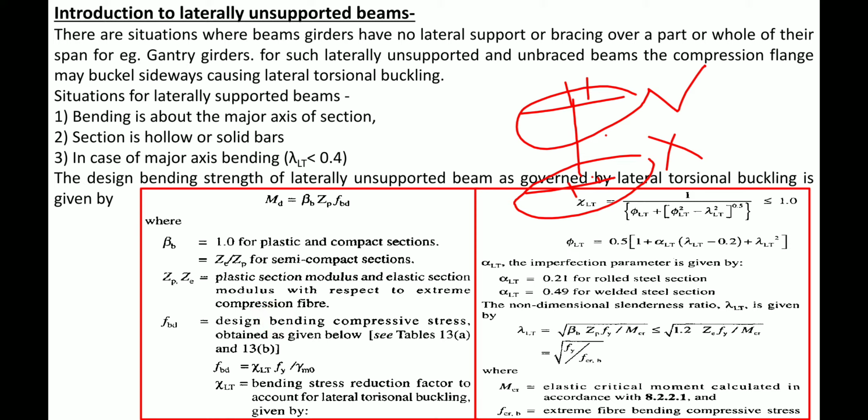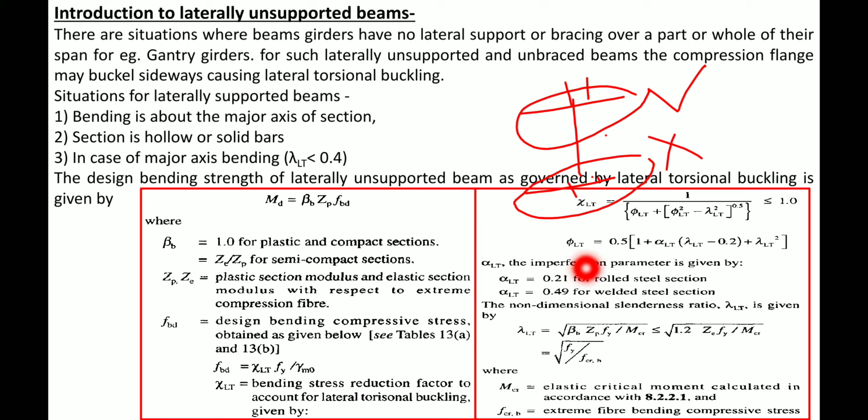So chi LT is the bending stress reduction factor to account for lateral torsional buckling and is given by chi LT equal to 1 divided by phi LT plus square bracket of phi LT square minus lambda LT square whole bracket raised to 0.5, which is less than or equal to 1.